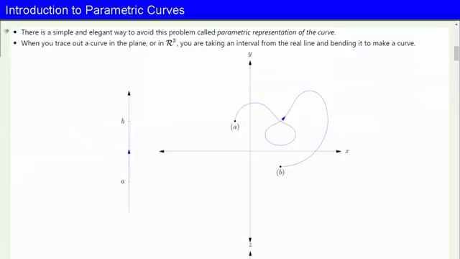Now, there is a simple and elegant way to avoid this problem and get a representation of the entire circle with a single function. The technique is called a parametric representation of the curve.